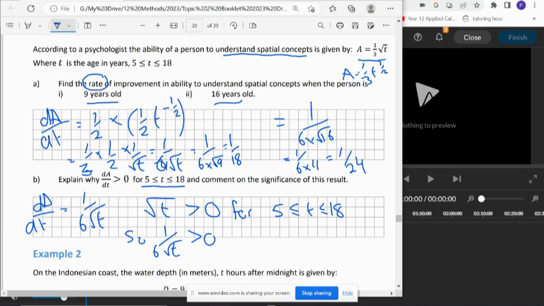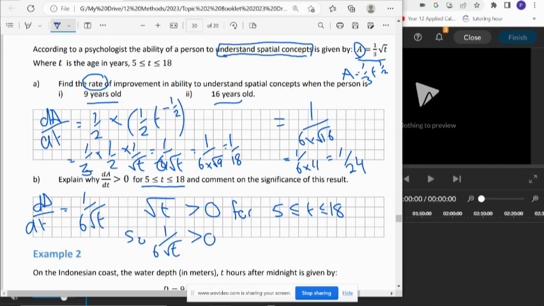Okay. So I guess the question is asking what's the significance of that result. So I guess you've got to think about back when you were doing increasing and decreasing functions, right? So this is what we're talking about here. When the derivative is positive, we know that the graph is increasing. So we just need to use the context here. So what are we actually talking about? What is A? Okay, A is increasing. Oh, that's the ability to understand concepts.